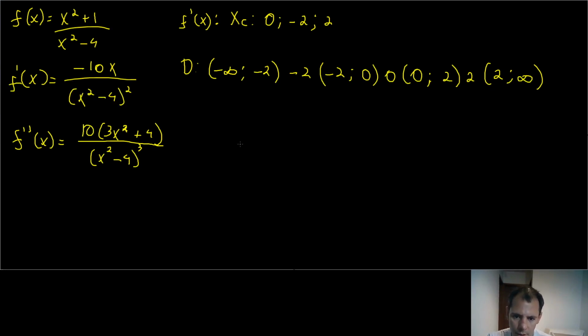Why? -10 times -2 is going to be 20 at the first derivative here, and the denominator is going to be 0 because it's -2 squared, 4 minus 4, 0 squared, 0. So this is going to happen. This approaches positive infinity.